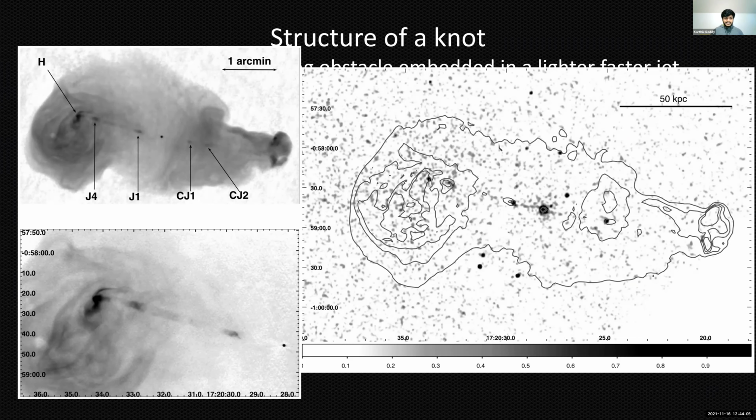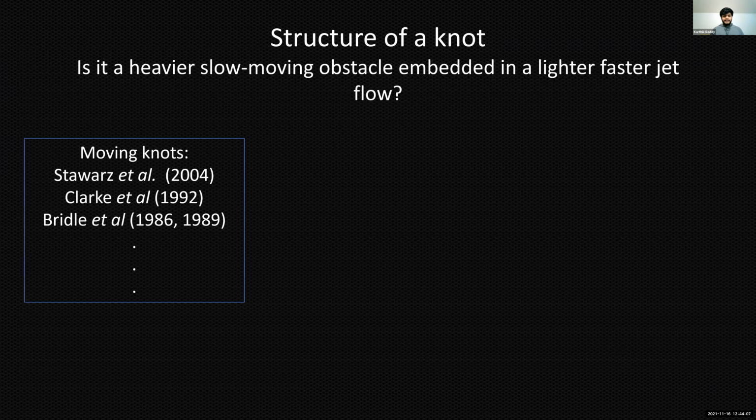So this observation led several authors to suggest that these knots are probably some kind of separate moving blobs of plasma with excess kinetic power. These blobs of plasma will be surrounded by a slower moving outer flow, and it's possible that they produce a forward-reverse shock structure in the downstream region of this blob.